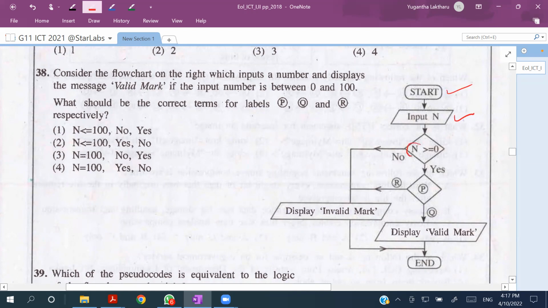The value n is checked, larger than or equal to 0. If it is yes, that means it could be an eligible one because it is larger than 0. Then in this condition, it must be checked whether it is less than or equal to 100. So P is going to be n less than or equal to 100.